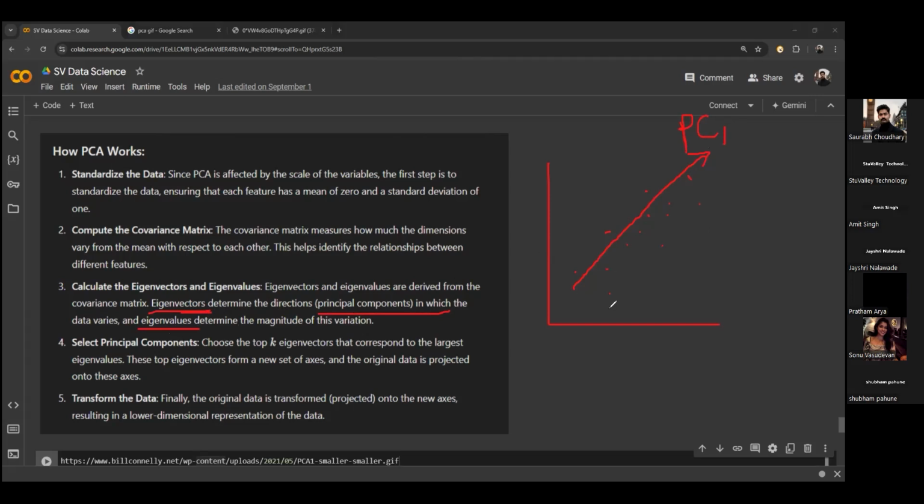And the eigenvalues of all this data will tell how long this line will be, which is the magnitude of the variation, like how long this data will be, that decides the length of the PC.